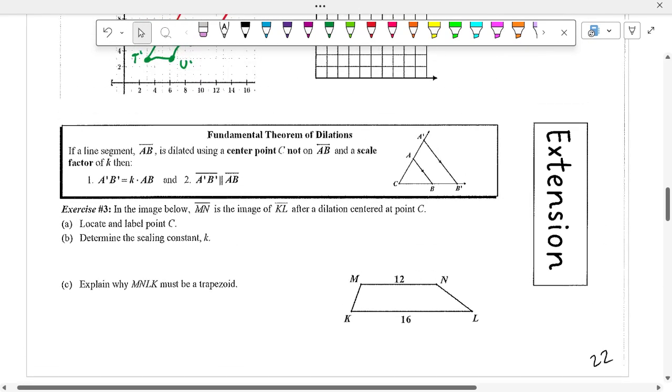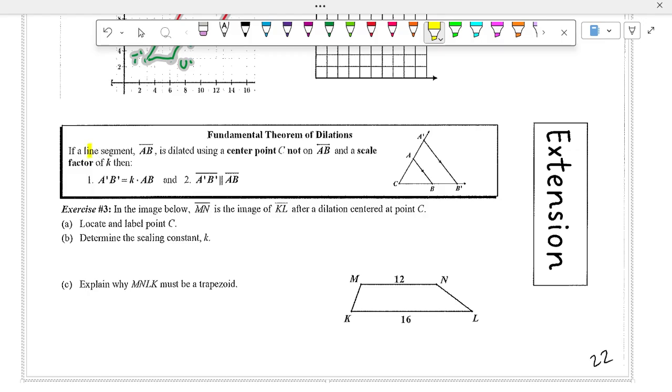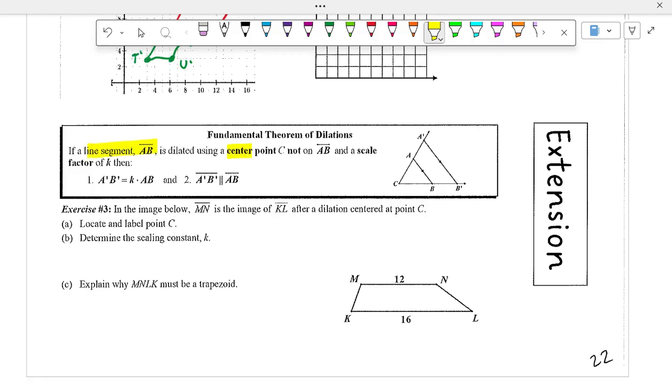All right. Now, the last thing is, if a line segment AB is dilated using center point C, and it's not on AB, with a scale factor of K, then the segment A prime B prime is equal to K times AB, and those two line segments are parallel.